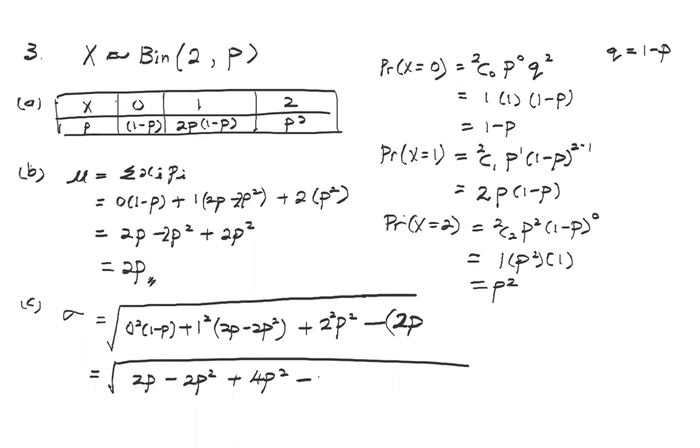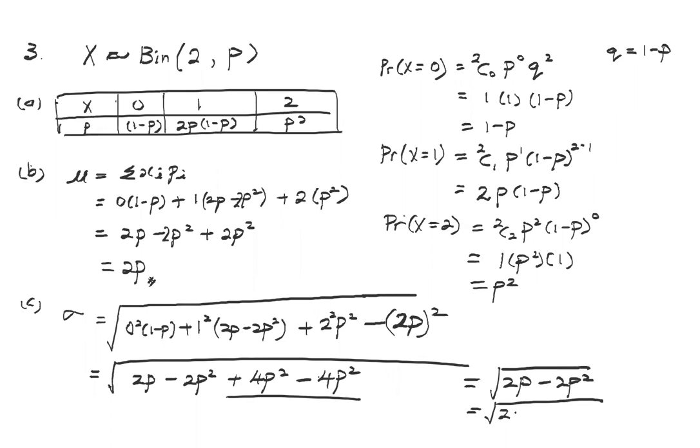Here, mean square. Yeah, minus 4p squared. Right? So this one cancels off. So you got square root of 2p minus 2p squared. So you factorize out 2p, 1 minus p. Done.